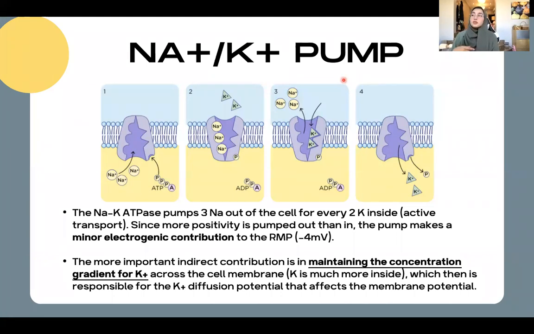It's not the biggest, but it plays the most important role in maintaining the concentration gradient. You get me? So it has an electrogenic contribution because you're gaining 2 positive charges and losing 3 positive charges. On one hand, it makes it more negative, but that contribution is very little compared to its more important role, which is making sure there's more potassium inside the cell versus outside.